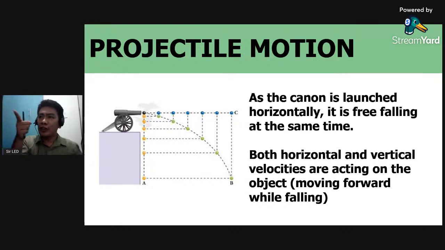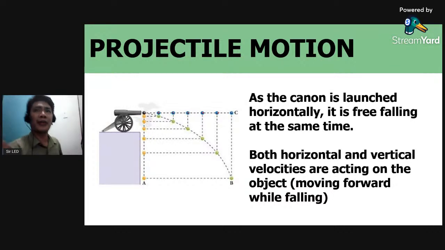So when you launch the cannon horizontally, the blue dots here represent the horizontal component of the motion. While it is moving horizontally, that object is also affected by gravity. Therefore, it will be pulled down by gravity and it will accelerate downward, just like you simply drop an object or free fall.